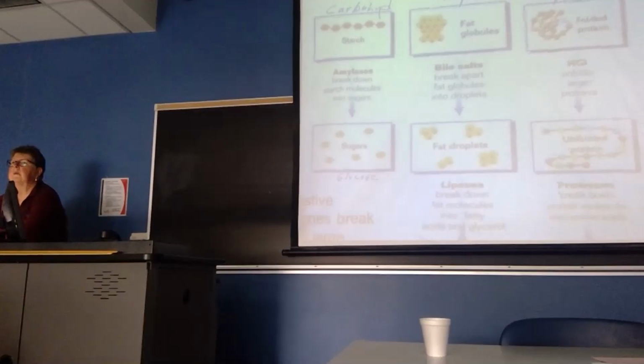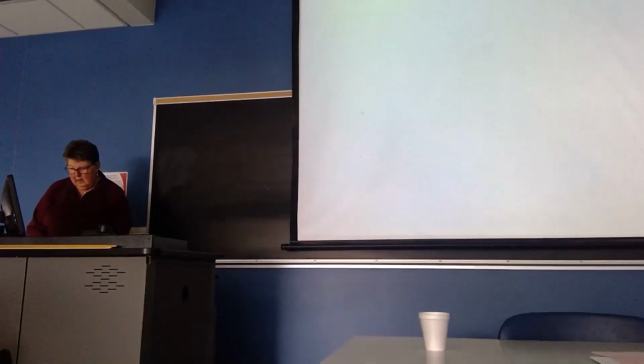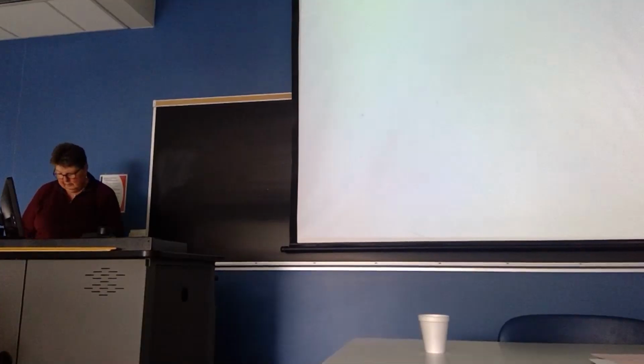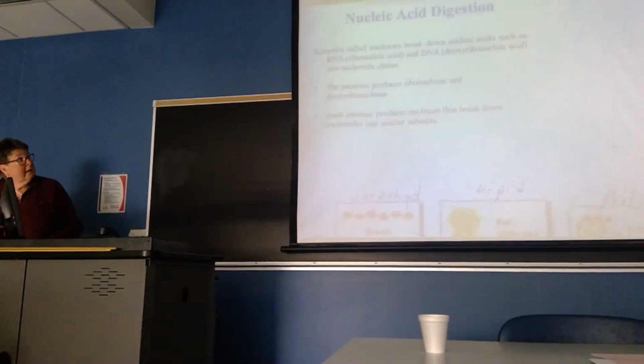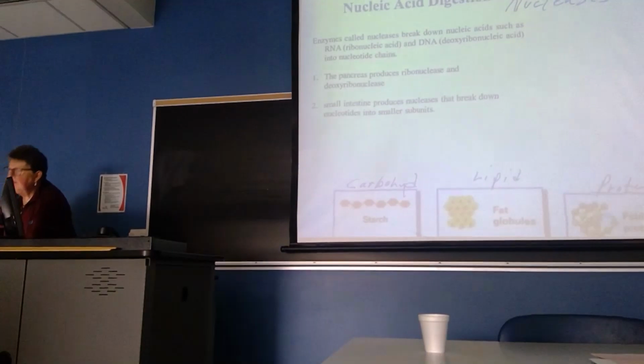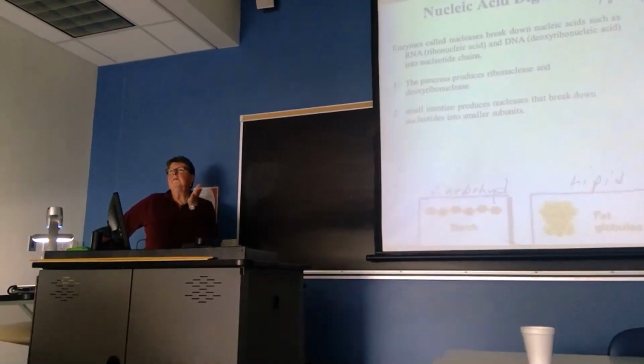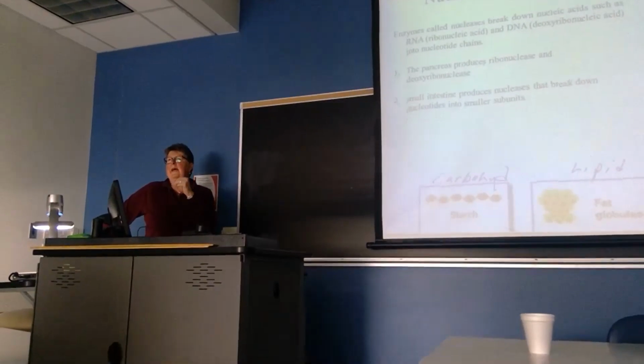Which fourth group? Nucleic acids, which is hardly ever talked about in the digestive system because you don't think of that as food. Oh, it's right above it. I'm sorry. Nucleic acid digestion by nucleases. There are enzymes that break down nucleic acids, the DNA and the RNA.